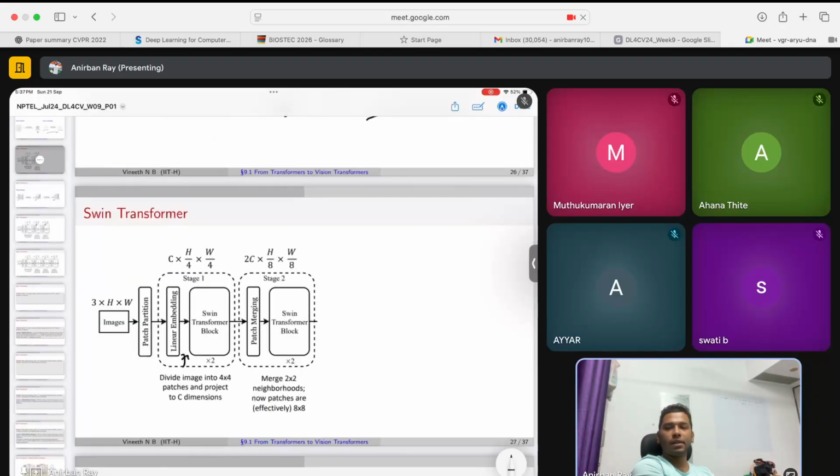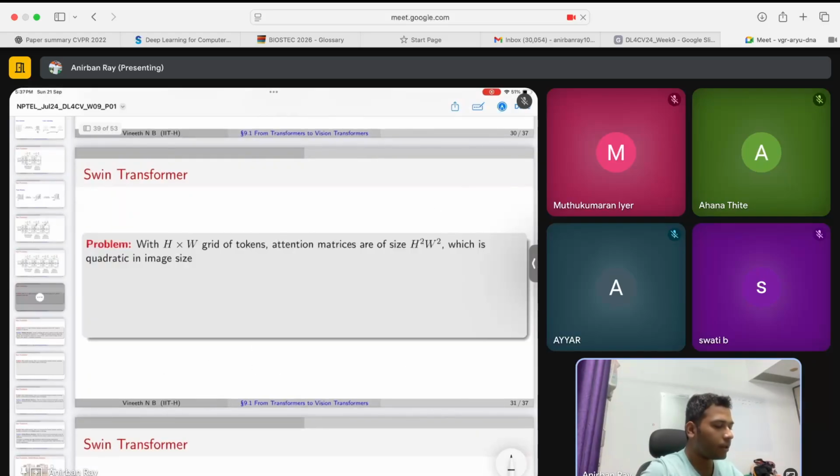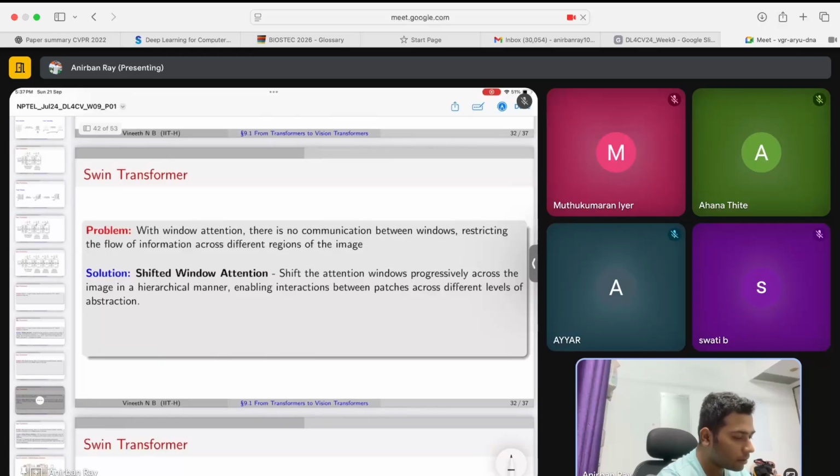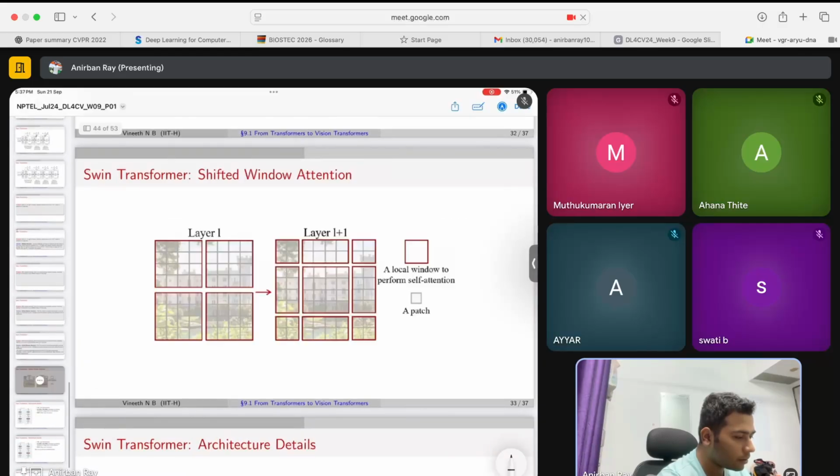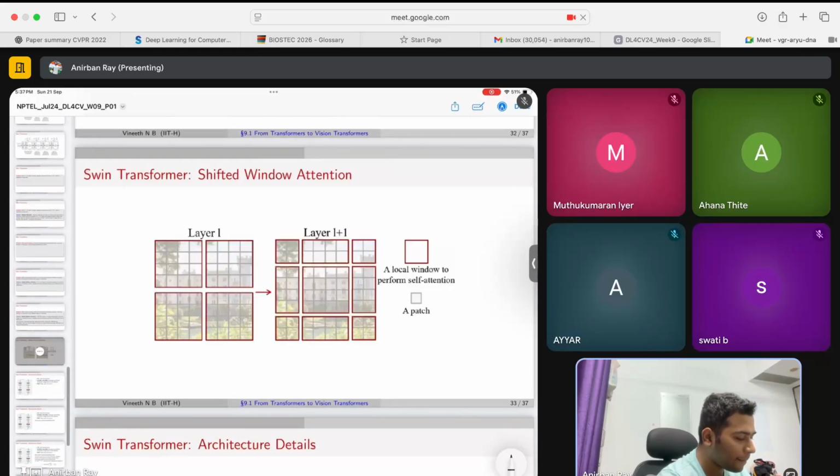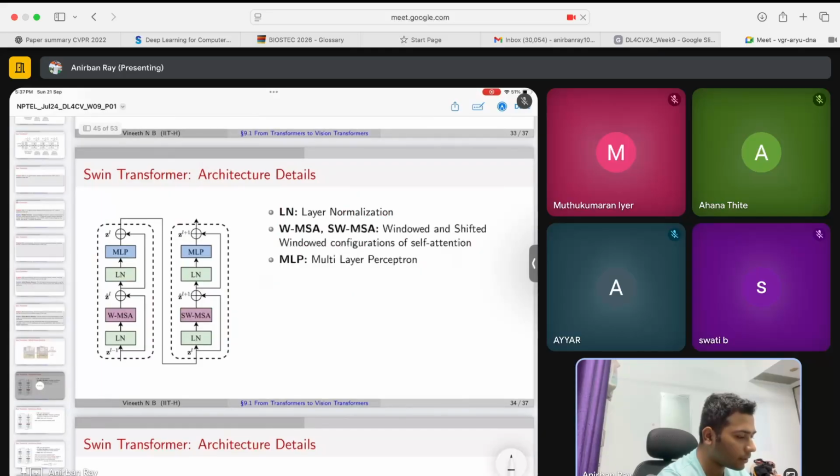Hierarchical transformer means that each of the transformer blocks learns different tasks; the attention is on different levels of task. So that is what Swin transformer is for. Maybe they will define it. Let's see. Oh, architecture details are there.